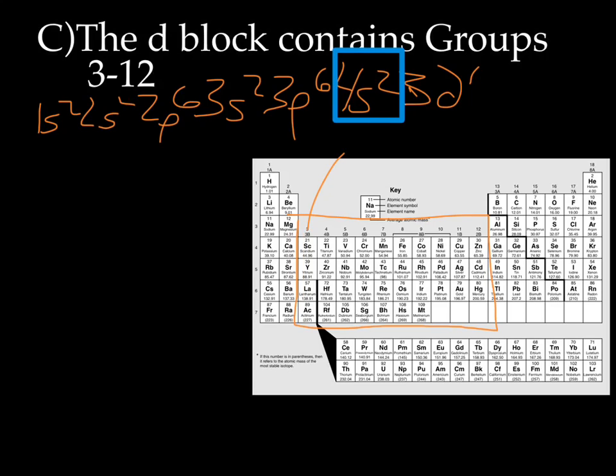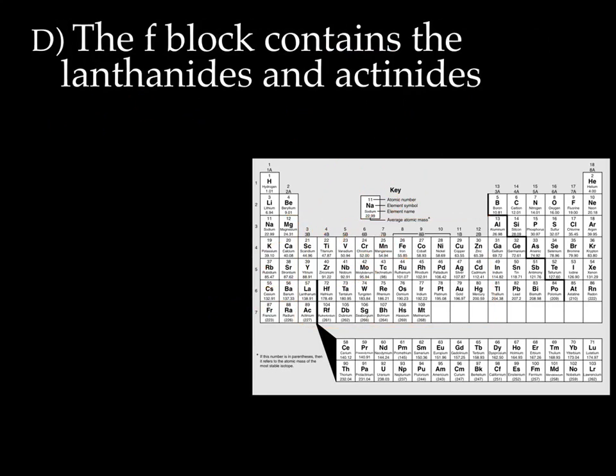So these guys here end in 3d1, 3d2, 3d3, etc. However, when we're talking about valence, all of these valence electrons are going to be s2. These will be 4s2, 5s2, 6s2, 7s2. Last we have the F block. The F block is right there.